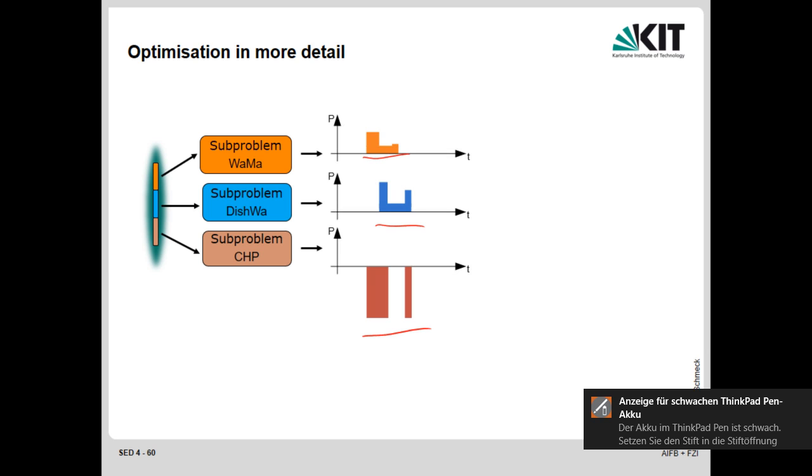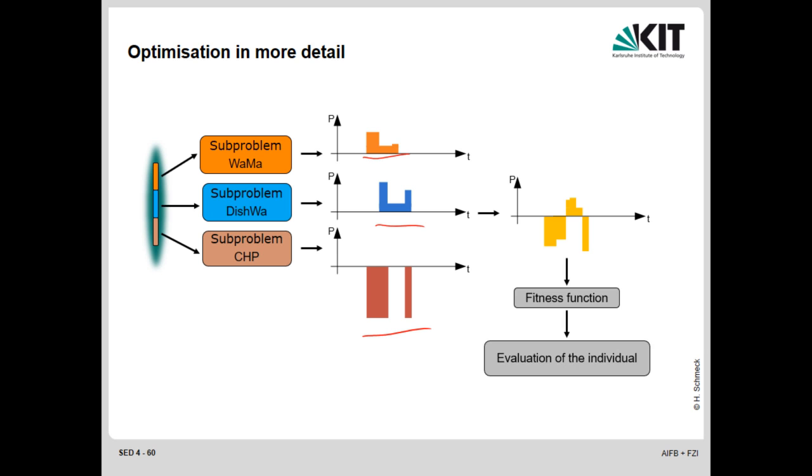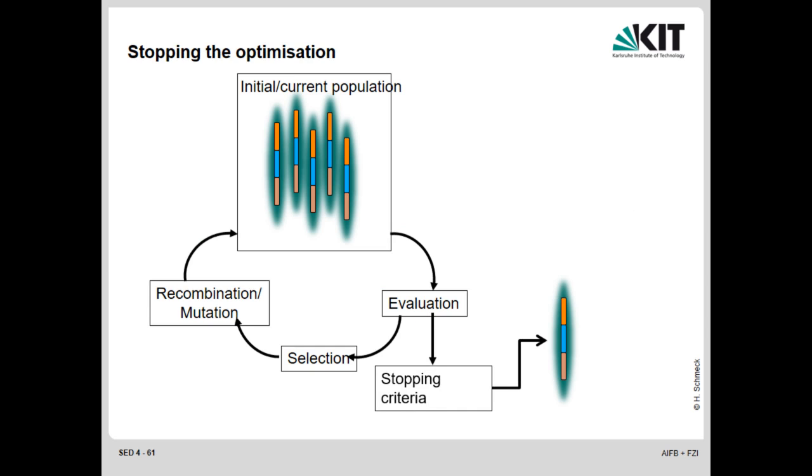And then they have to be combined into a combined load profile. That is the resulting load profile. This has to be evaluated. So we have the fitness function, we have the evaluation of the individual, and that's then our fitness of that individual, and then we select again, recombinate, and so on, and as soon as we are satisfied with what we have seen here, we are stopping.